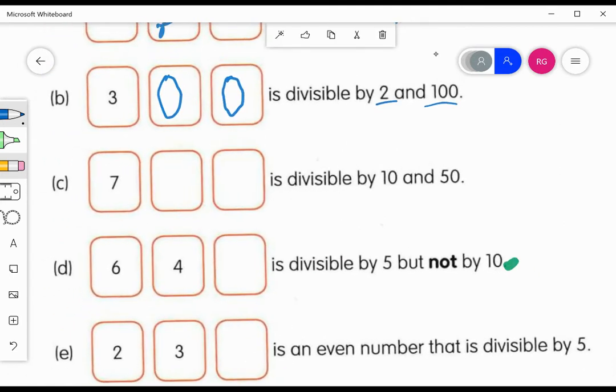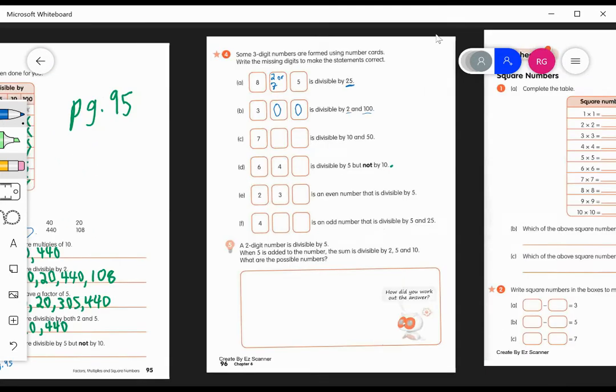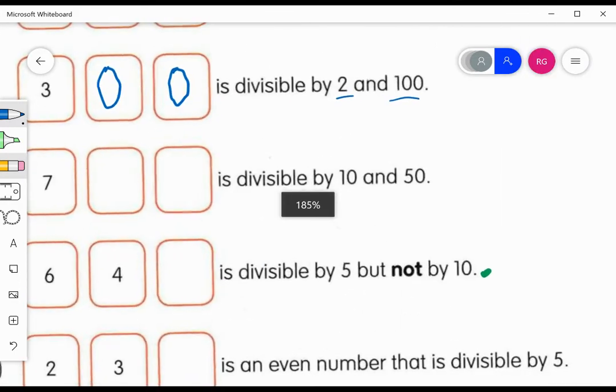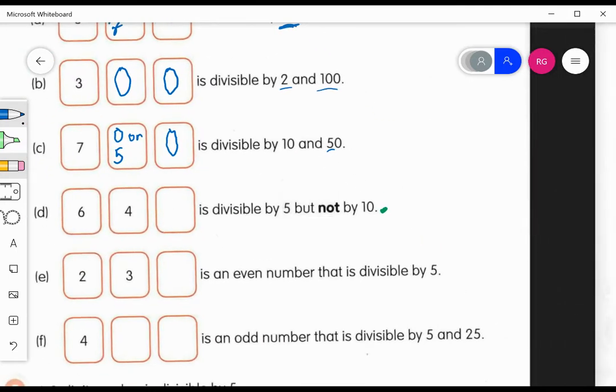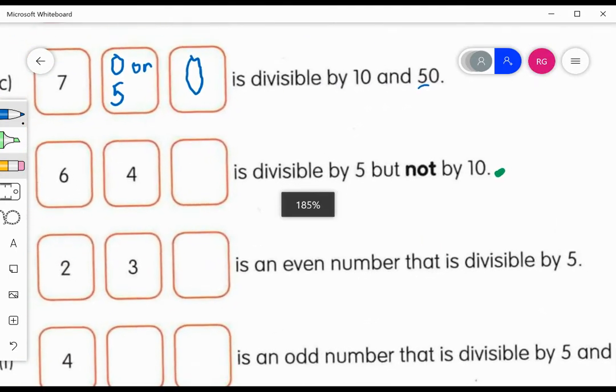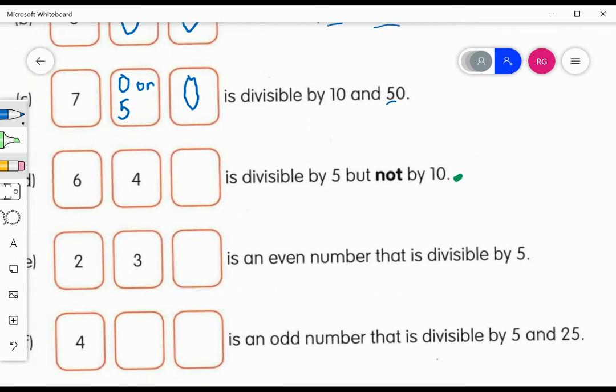We could say the number 700 would be okay to say. So we'll put a 0, and this one's only going to be 0. But for this one, we could also say 0, or we can say 5 for 750. Okay, so both those numbers will work there. 700 or 750. All right, next one.